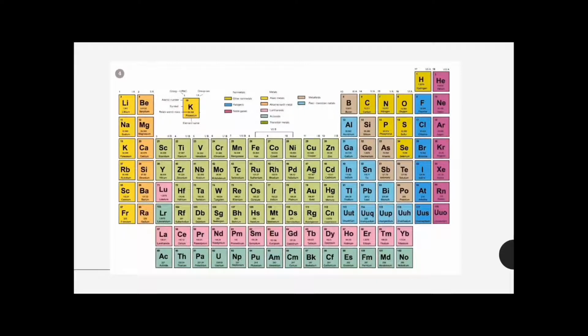And what you probably noticed is as you moved across the table, the energy increased. And as you moved down the table, the energy decreased. So when I was talking about how the energy makes the atom smaller as you're moving across, let's say we are looking at lithium and we're looking at fluorine.